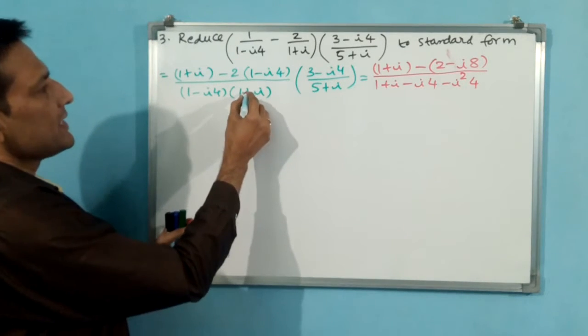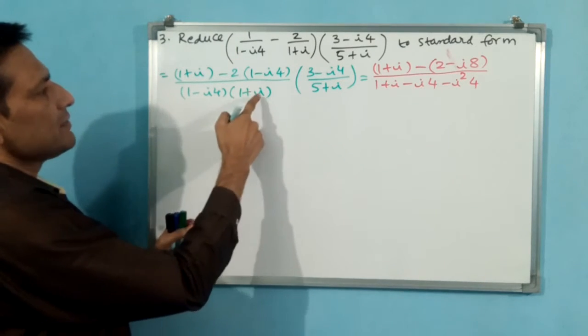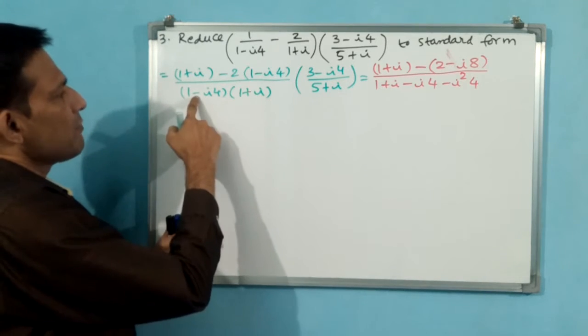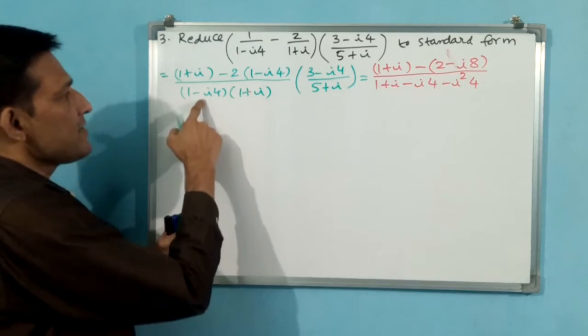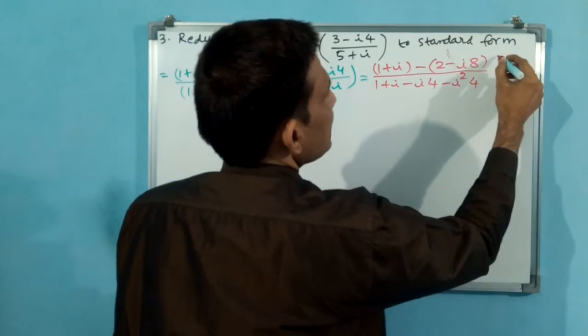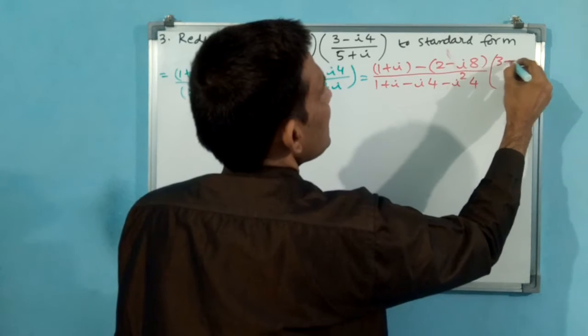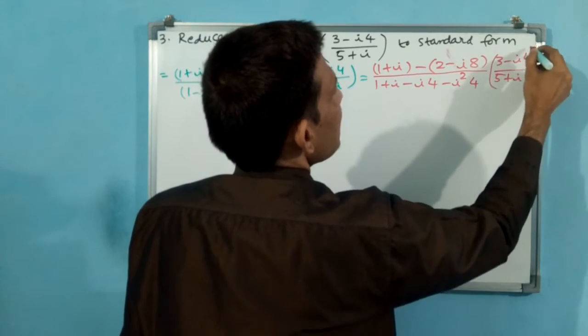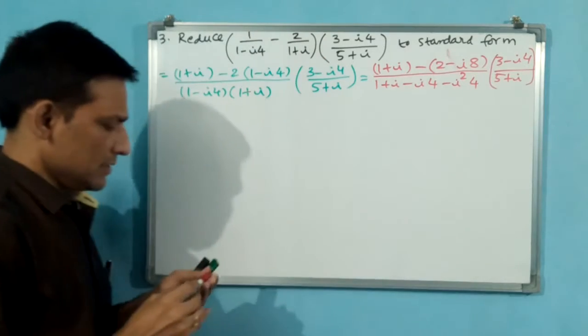Okay, why? Because this is minus, this is minus plus, both will come minus. Minus i4 into 1, minus i4. Minus i4 into i, minus i square 4. Okay. Here 3 minus i4 by 5 plus i will be like this only. Okay.